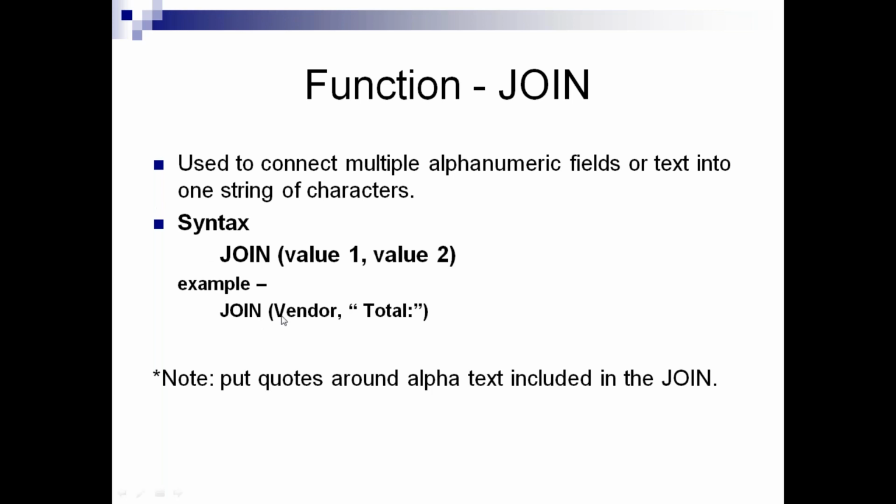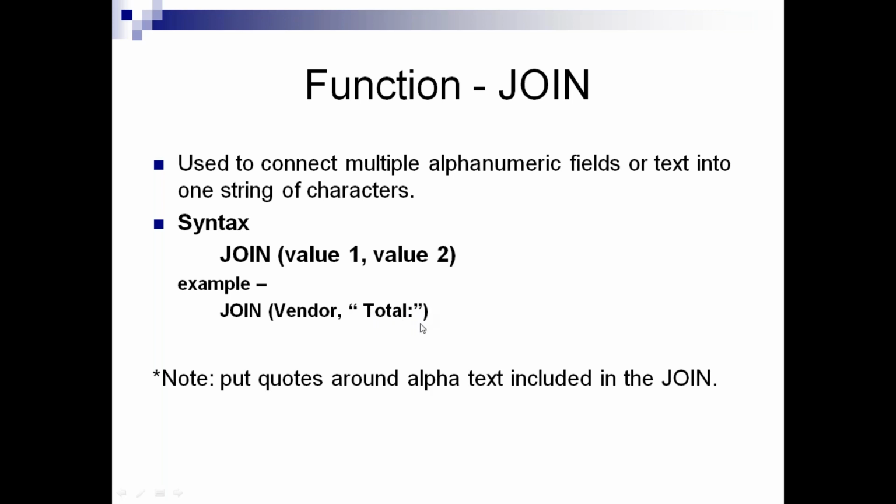So in this example, on the total line, I want to connect the vendor ID with the word total. So I've said join, open parenthesis, this would be the vendor ID, comma, and then I've got a quote. There's actually a space in here, and then I've typed in the word total, and then a closing quote and a closing parenthesis, because this is text I've typed in.